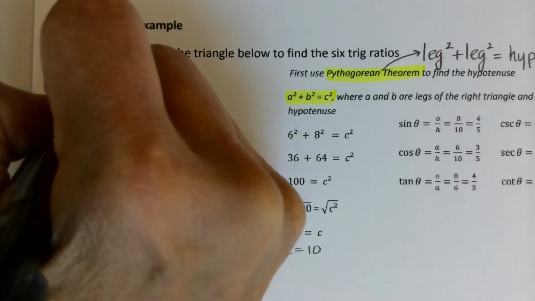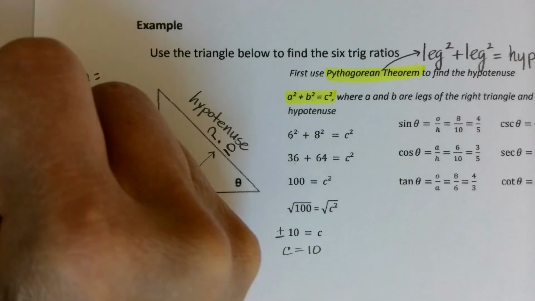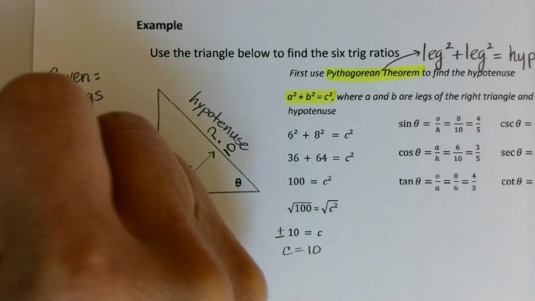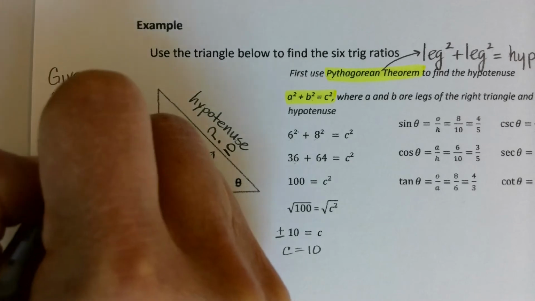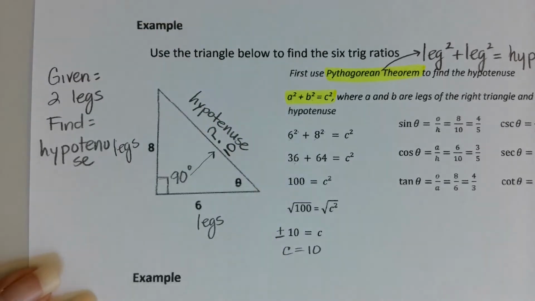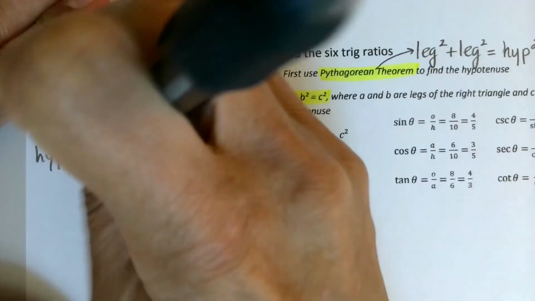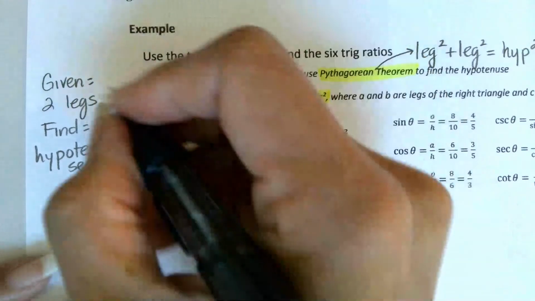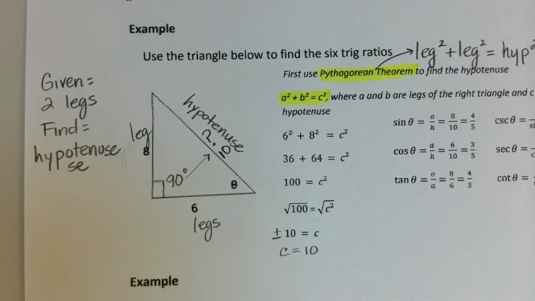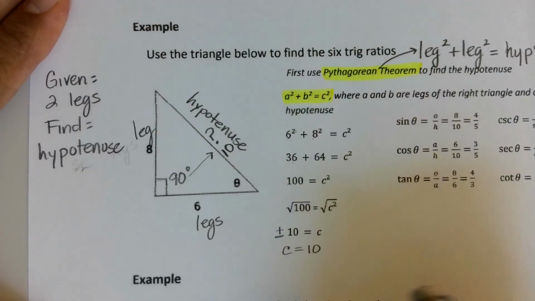And you were asked to find a hypotenuse length. I can't fit the word hypotenuse. I guess I could do this, right? Let's put this here as a leg, and I can finish it off. Okay, so in this case, you were given 2 legs and were asked to find a hypotenuse.